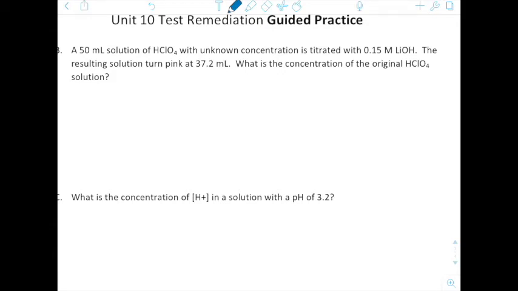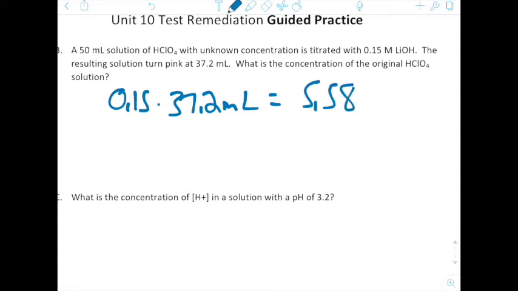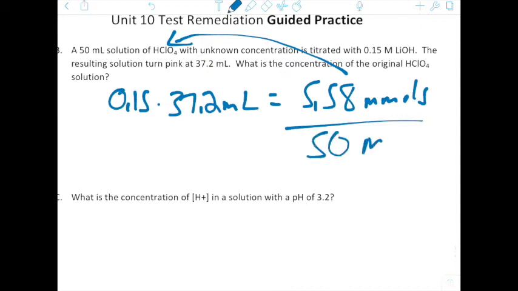So if we take our 0.15 times our 37.2 milliliters, that is going to give us a millimole amount, which means the same millimole amount that our acid started with, because that's what the equivalence point means, that you have the same molar amounts, which means we have 5.58 millimoles of our acid, and it's in 50 milliliters.